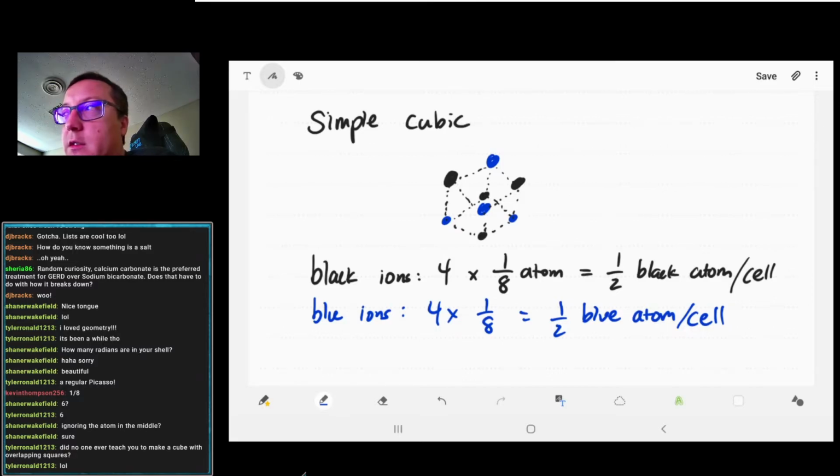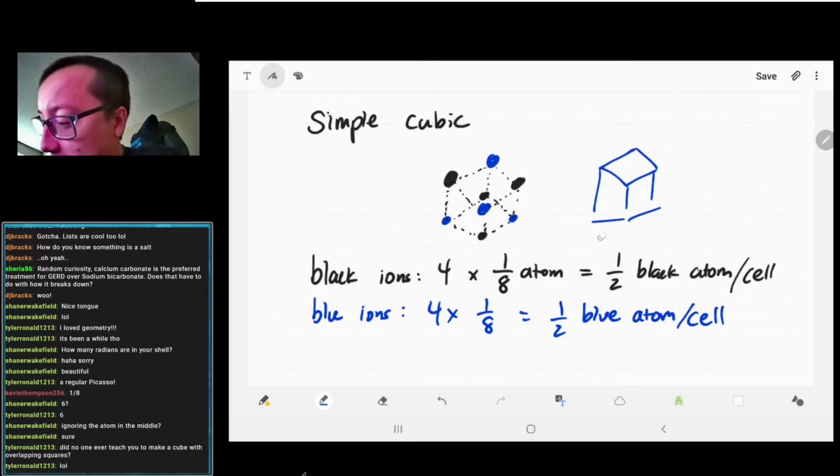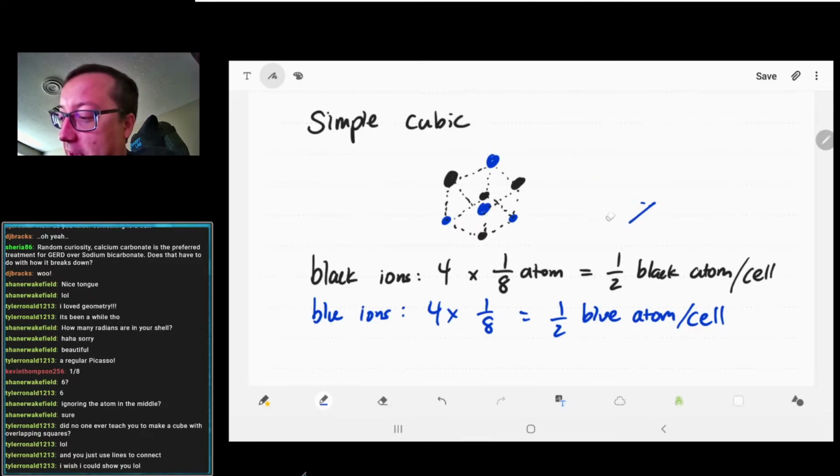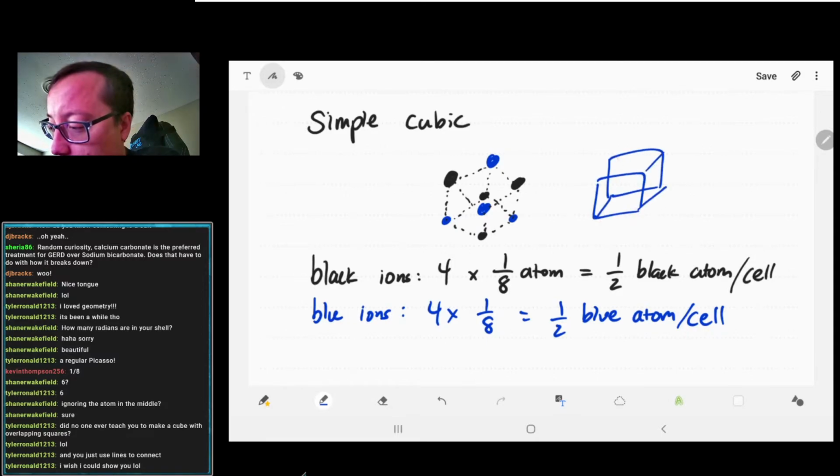Overlapping squares. I mean, these are kind of overlapping squares. This is how I've always, I guess, learned to draw a cube, and then you kind of have this stuff in the back. But for whatever reason, when I try to throw atoms in there instead, everything just goes to hell. Or do you mean like something like that one?